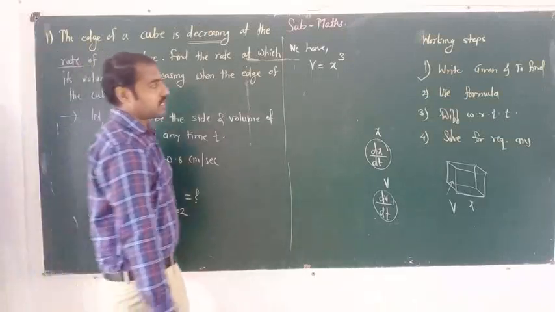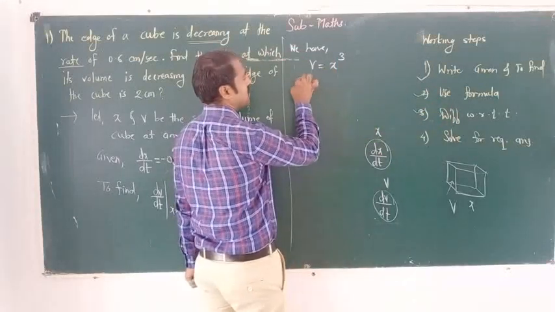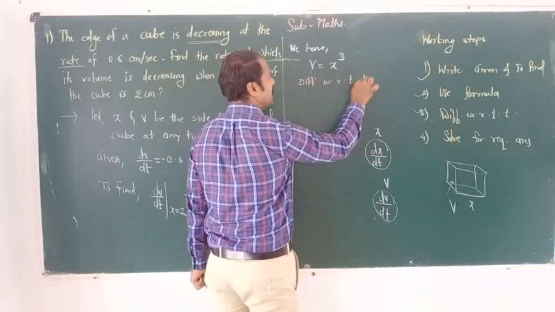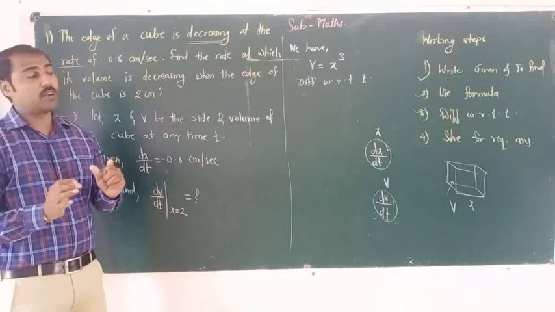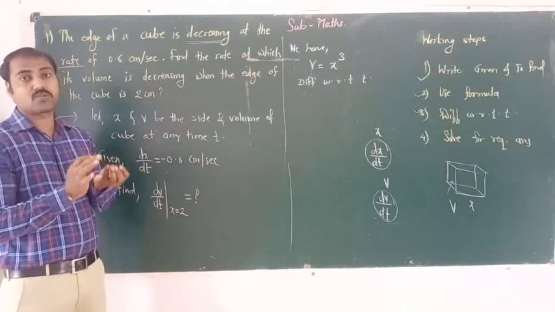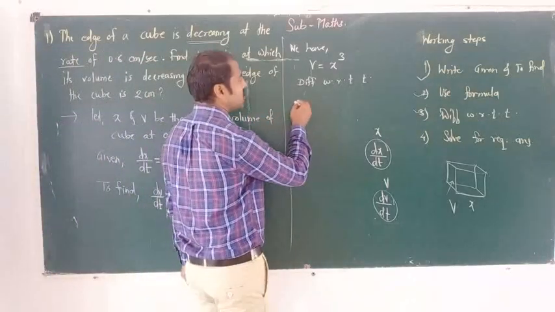Now the second step is completed. Now we differentiate with respect to t. Look here, the variables are volume and side. Side is decreasing, volume is decreasing. So these are variable quantities, and we differentiate with respect to time.